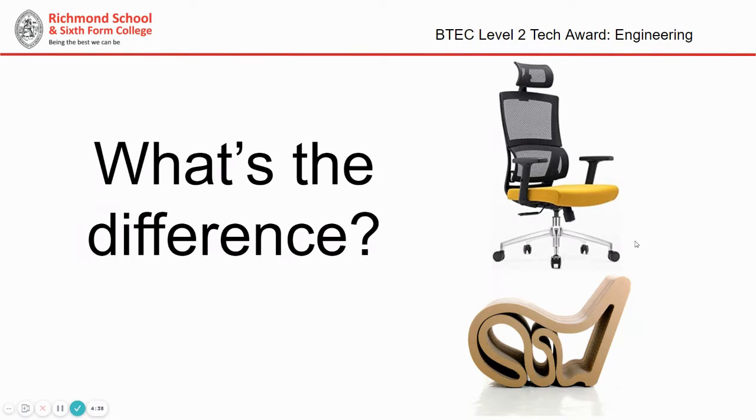Obviously in the design technology department we offer AQA design and technology as well, and the main difference really is that as an engineer it's not really about how it looks, it's more about how it works and that it solves a problem or performs a particular function, and as a design and technology student it's more about how it looks rather than how it works.